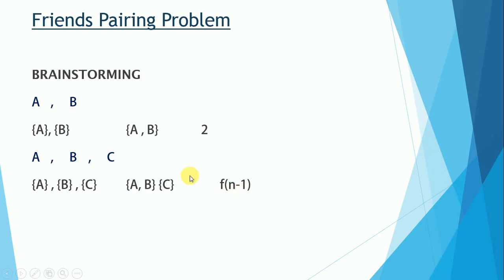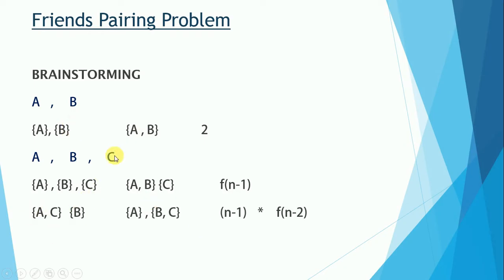One more component by which we can determine the rest of the possible ways by which three friends can either pair up or remain single is if I add the third friend to either of these two partitions, not here but these two partitions. So that is going to give me these two ways.